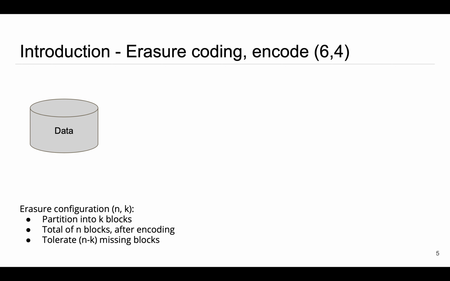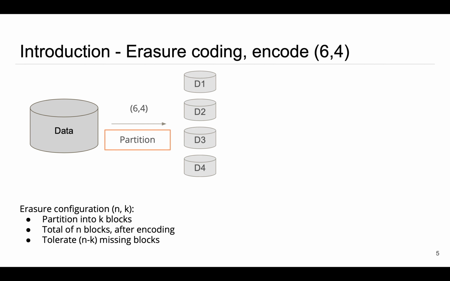Erasure code comes with coding configuration, N-K, which means the data will be partitioned into K blocks, and then coded into N blocks in order to tolerate N-K missing blocks. Here, we use 6-4 configuration as an example. Only 2 additional data blocks are generated from encoding.